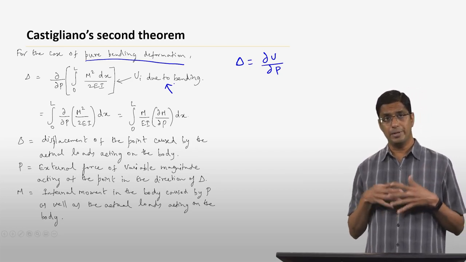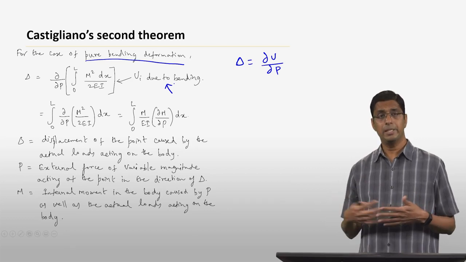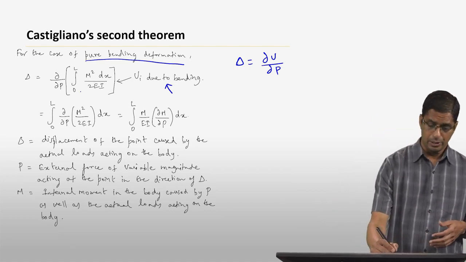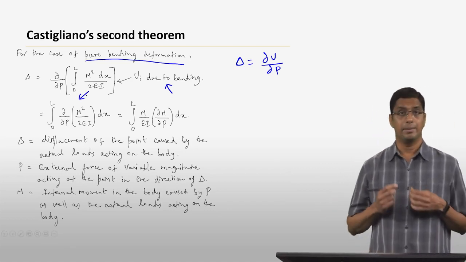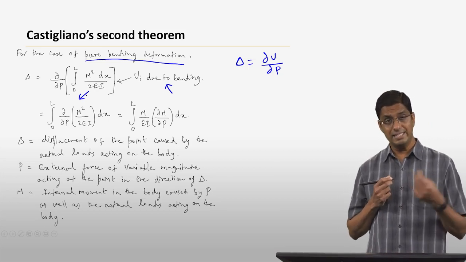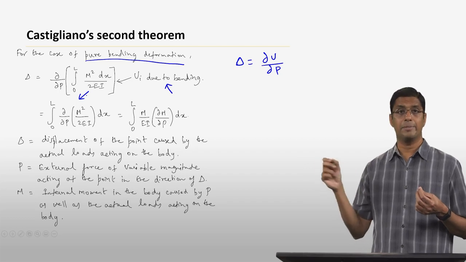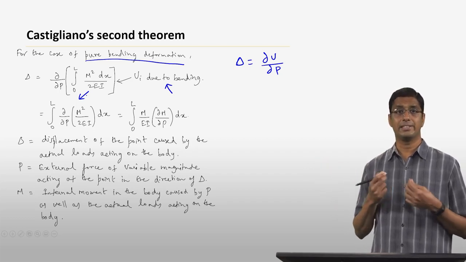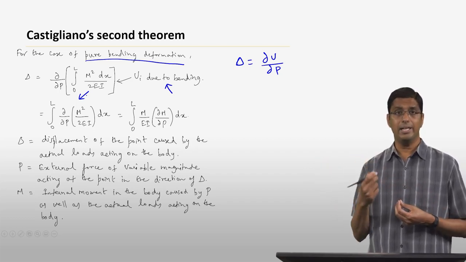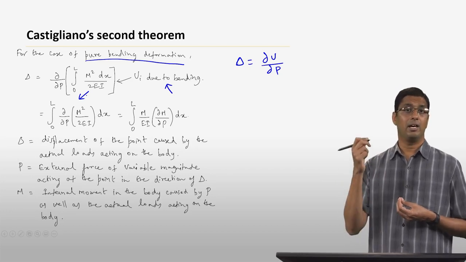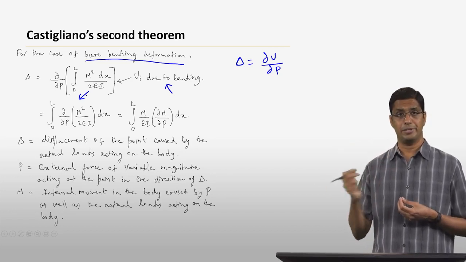When you have to take a partial derivative of an integral, in some cases you can actually take the derivative inside the integral. So del over del P of the integral from 0 to L of M squared dx by 2EI essentially becomes the integral from 0 to L of del by del P of M squared by 2EI times dx.